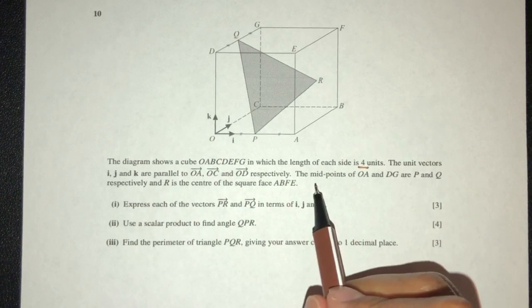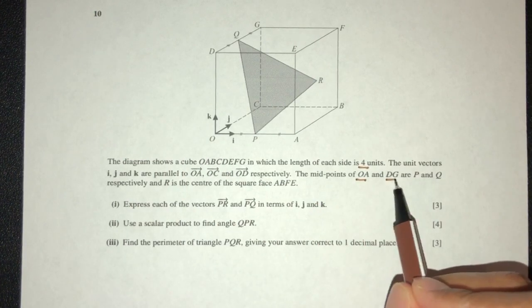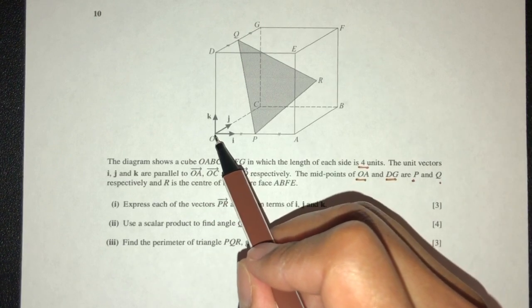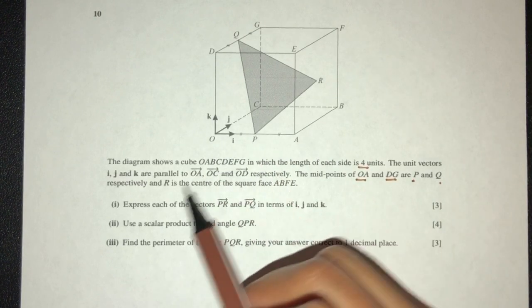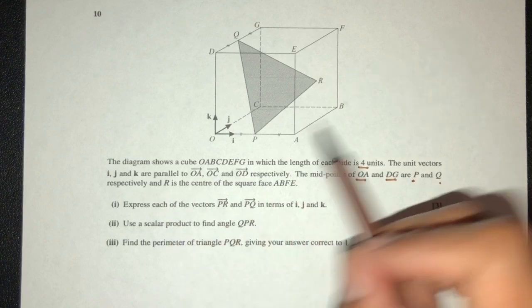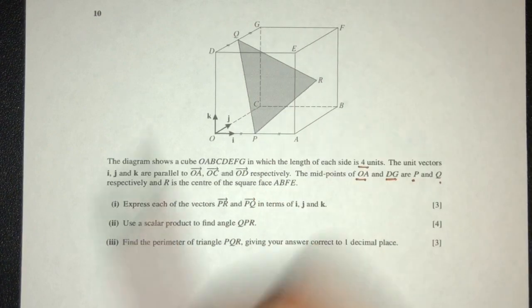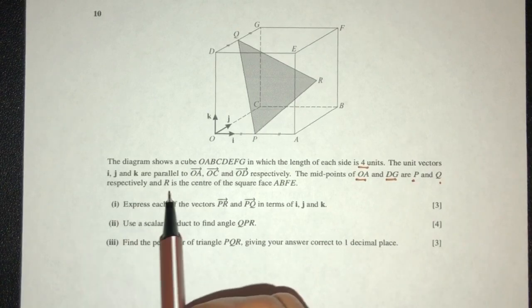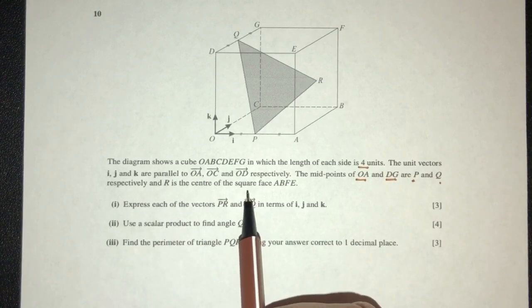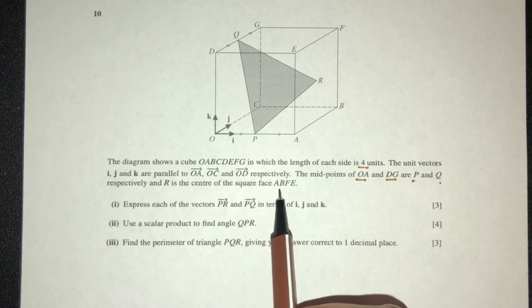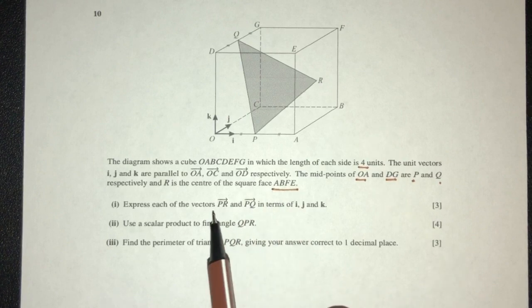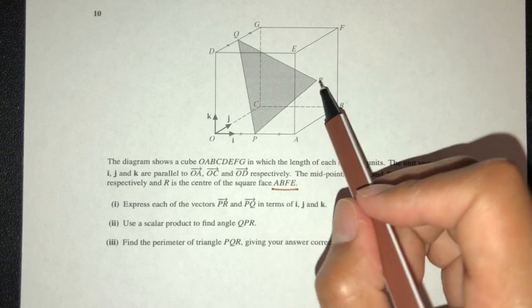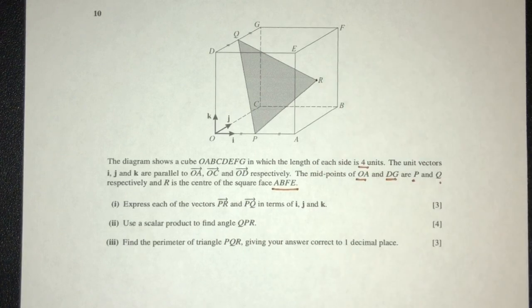The midpoints of OA and DG are P and Q. So OA is right here. This is the midpoint. And DG is right here, and Q is the midpoint. Good. So these are simply the given information by the question. And R is the center of the square face ABFG. Okay, so this is the center of the square face ABFG.